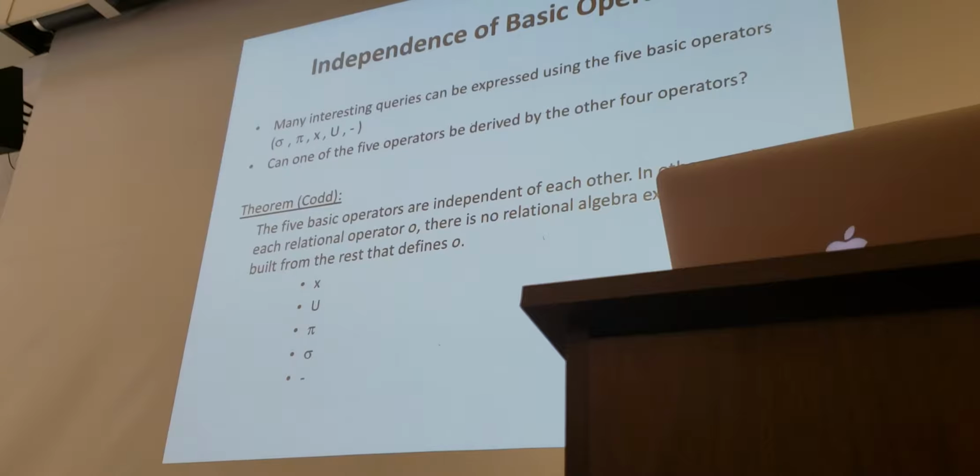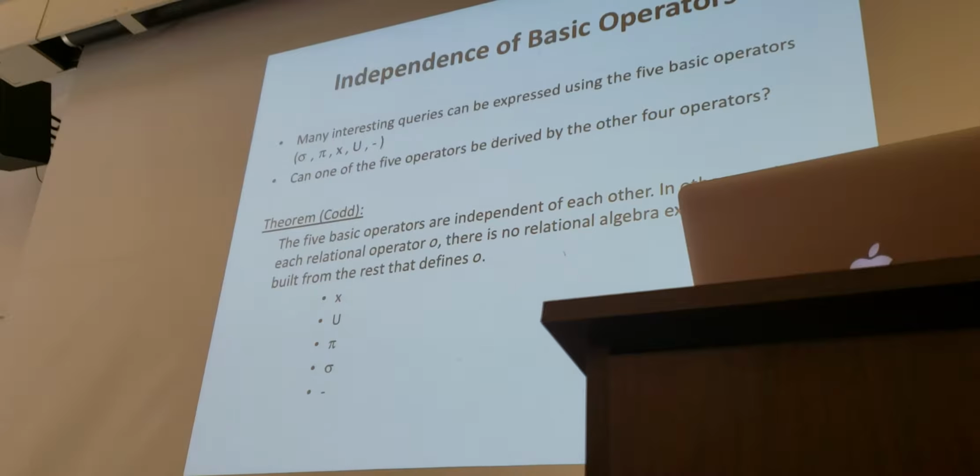Sigma is the only operation that gets rid of rows. None of the others get rid of rows. Therefore, sigma can't be expressed using the others. If it could, there would have to be at least one that gets rid of rows.